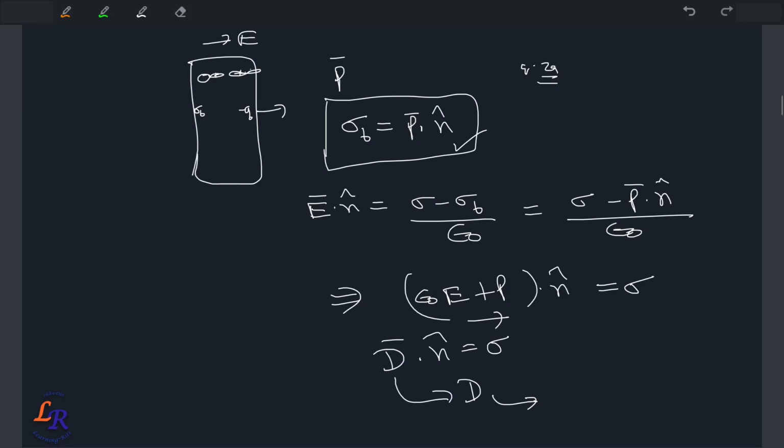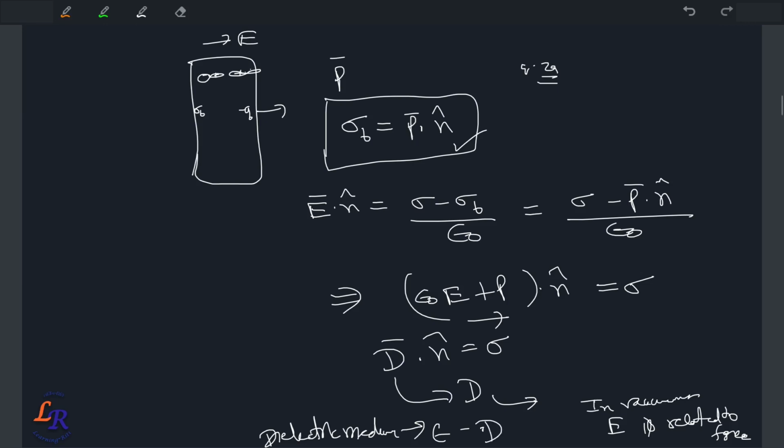So in vacuum, E is related to free charge, right? But in case of dielectric medium, E is related to the bound charge, right? And the electric field's role is taken by the displacement vector, which takes care of the free charge as well as the bound charge.